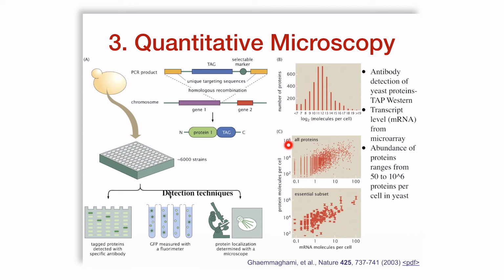The idea of all proteins versus the essential subset is that if all proteins are put, you see an initial flat line, no change with RNA value, and then an increase, suggesting that there are some proteins for whom the copy number of RNA molecules increase does not result in an increase in protein number.